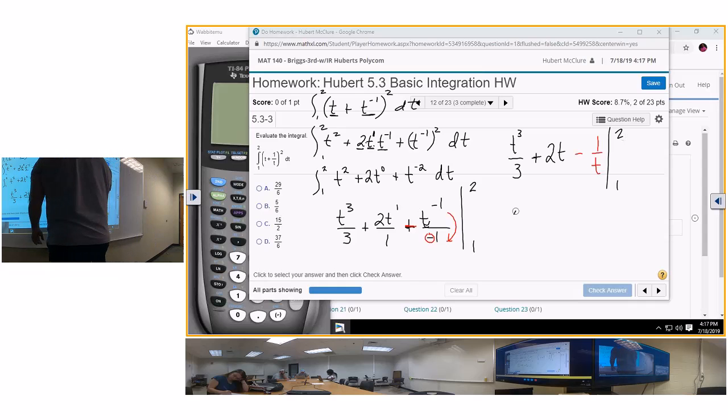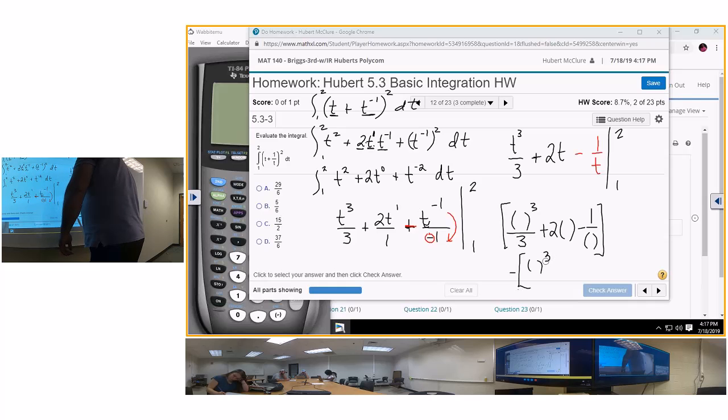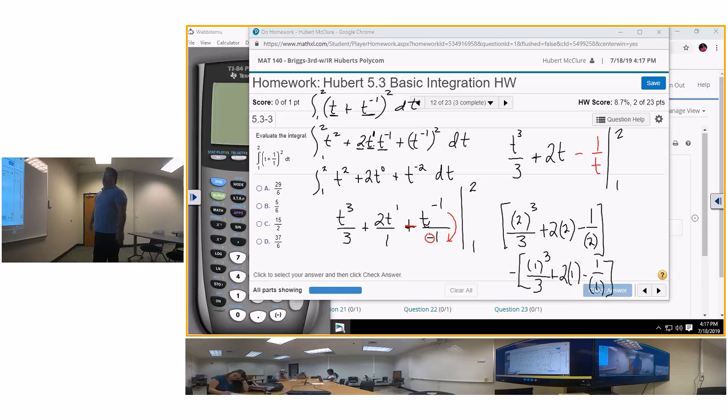So parentheses to the third over 3 plus 2 times parentheses minus 1 over parentheses, minus parentheses cubed over 3 plus 2 times parentheses minus 1 over parentheses. And of course a 2 goes here and a 1 goes here. All right, what's 2 to the third power? 8.